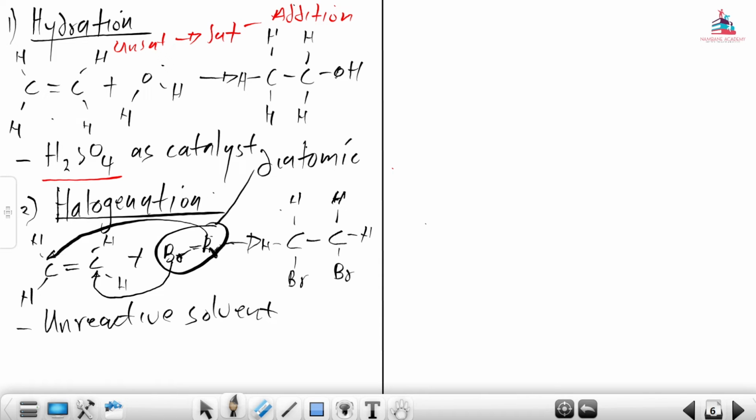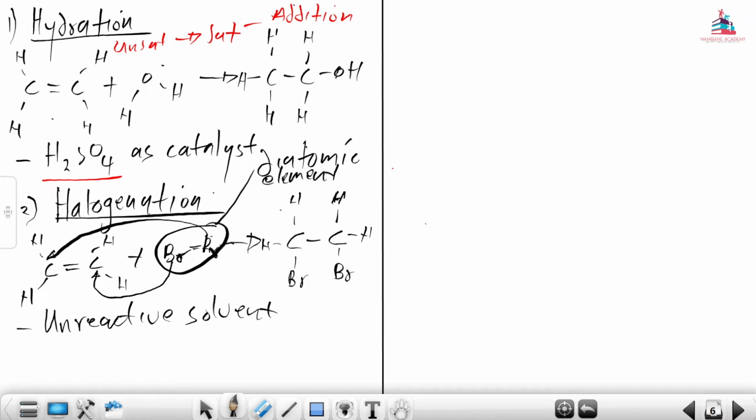Be aware of that. So once the name is something like 1,2-dibromo, it means that what was added was a diatomic element. So that is very, very important.